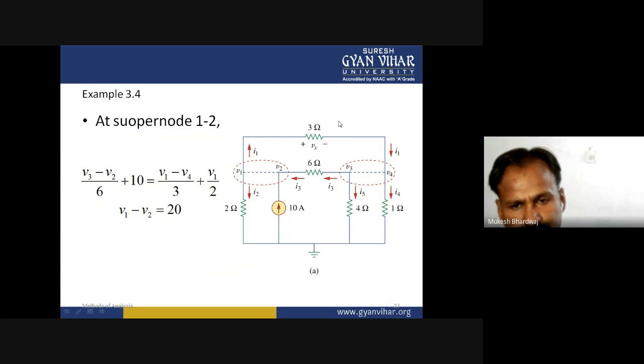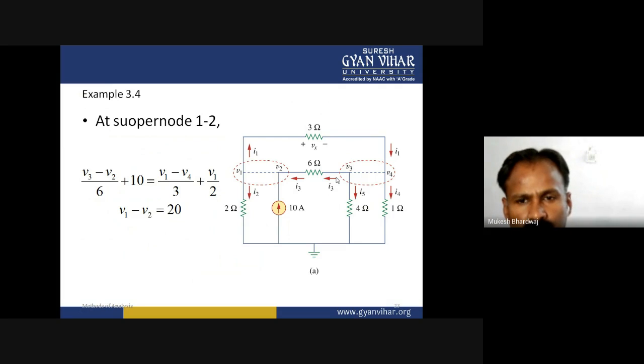At supernode 1 2, the equation that can be written is V3 minus V2 by 6 plus 10 equals V1 minus V4 by 3 plus V1 minus 0 by 2.